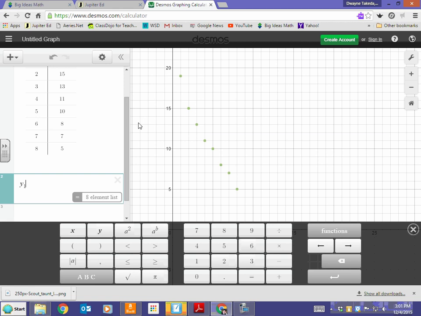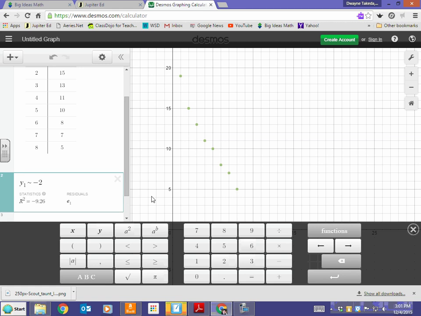Now instead of equal, I'm going to use the little tilde, the little squiggly line, the top left key of your keyboard, shifted. And then I'm going to put in the rest of the relationship here: negative 2x sub 1, just put the 1 in, plus 20. Okay, so now there's our line.